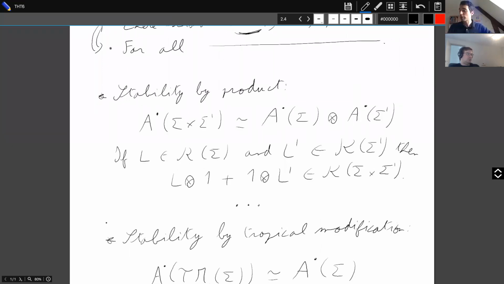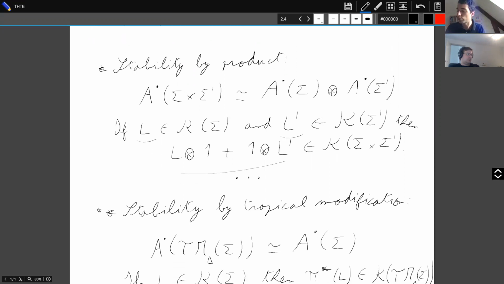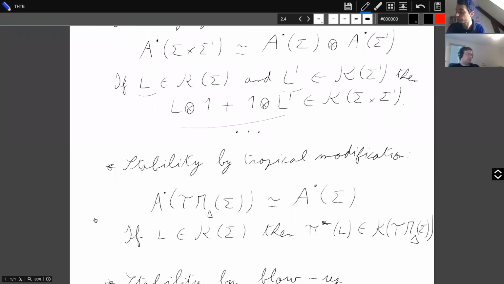Okay, so the stability by product: if you have an ample element in sigma and an ample element in sigma prime, it's not hard to see that this will be ample in sigma times sigma prime. And you use the Künneth formula, it's not very complicated. There is, I think, a small trick, but it's not hard.